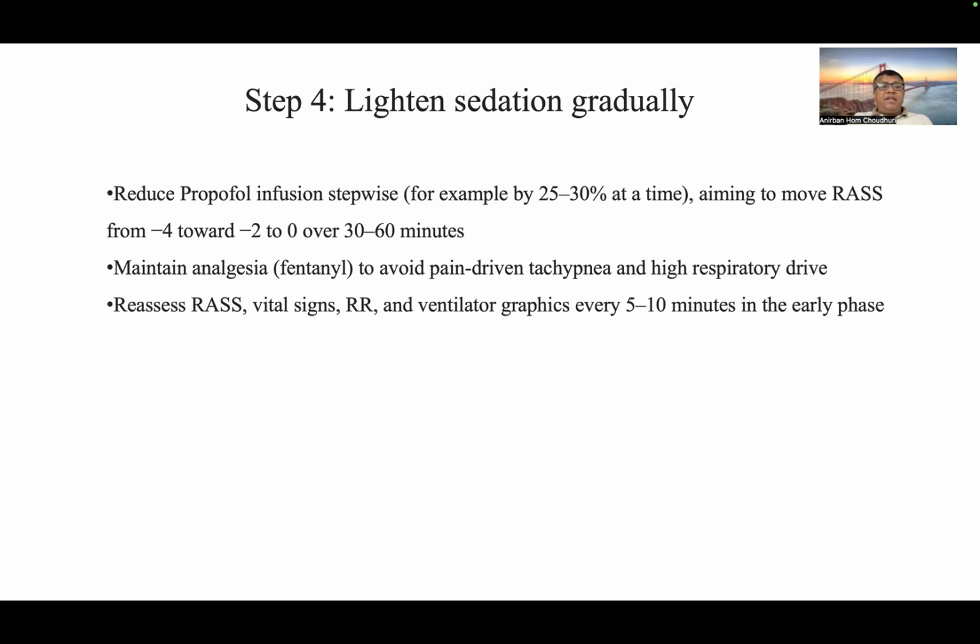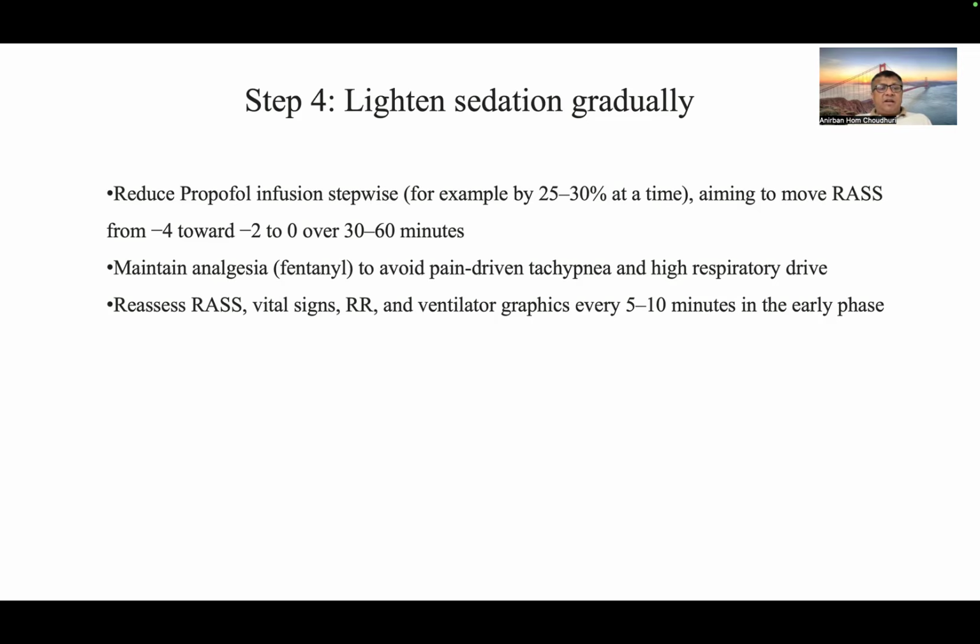In the next step, we have to lighten sedation gradually, like reduce the propofol infusion stepwise by 25 to 30% at a time, aiming to move RASS from -4 towards -2 to 0 over 30 to 60 minutes. Maintain analgesia like with fentanyl to avoid pain-driven tachypnea and high respiratory drive.